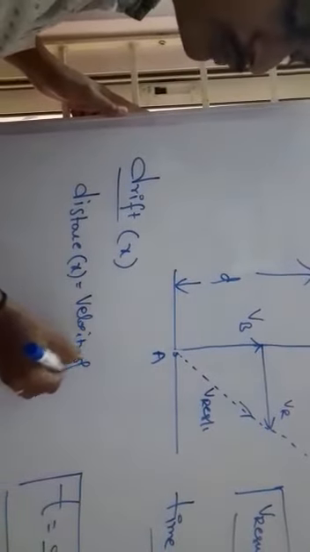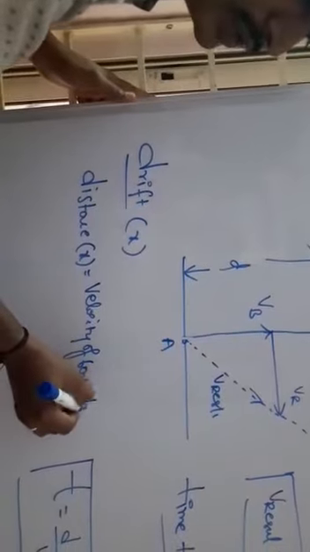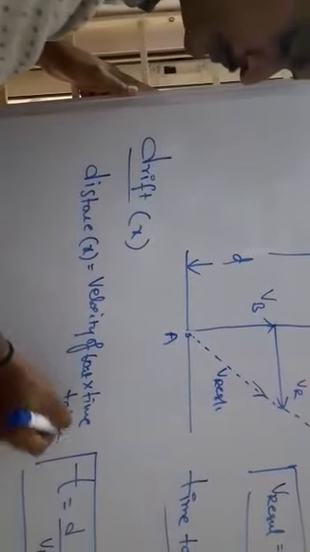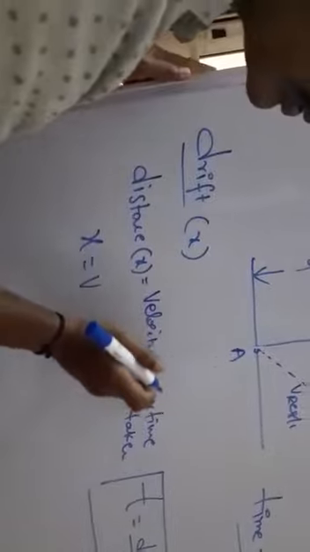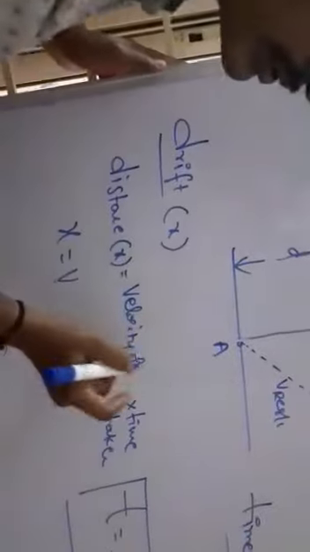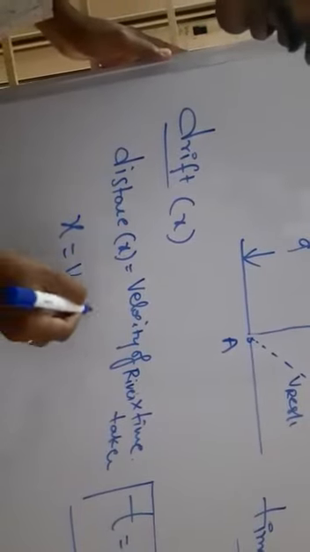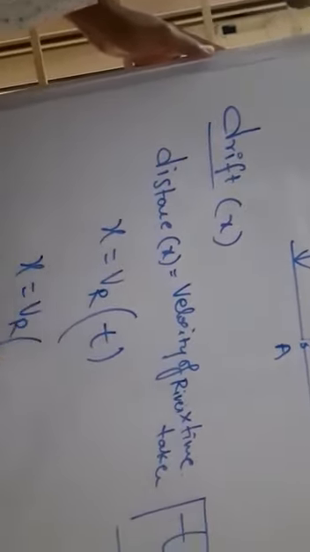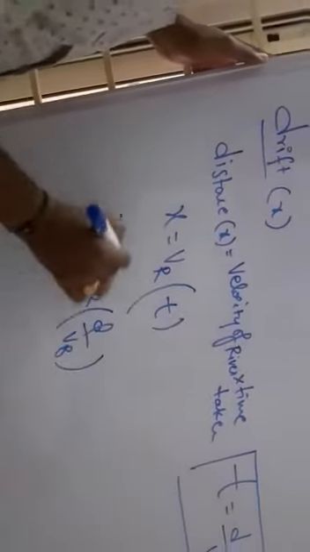Therefore x is equal to the velocity in the drift direction, not the boat, that is the river velocity, VR, into t. X is equal to VR into d by VB.